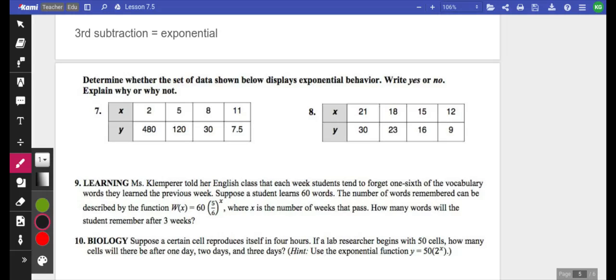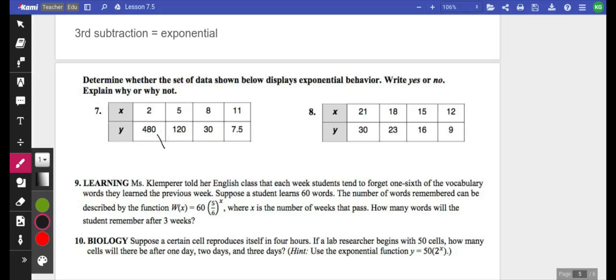So we'll do that, but we're also going to do it by doing the subtractions, which is what the last slide was telling us. So this last slide was telling us that if we do subtraction on the y values, and the first time we do the subtraction, they are equal in value, that it is going to show us a linear graph when we graph it on our calculator. So we'll try that first.